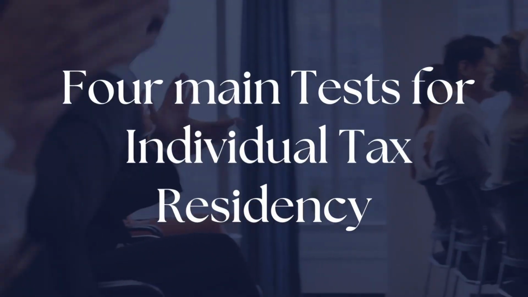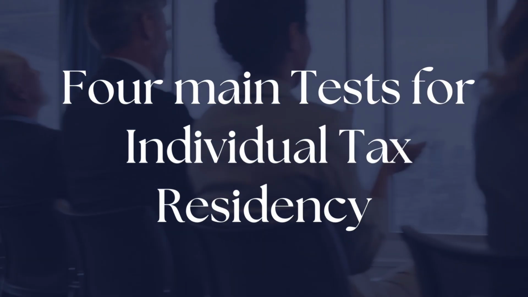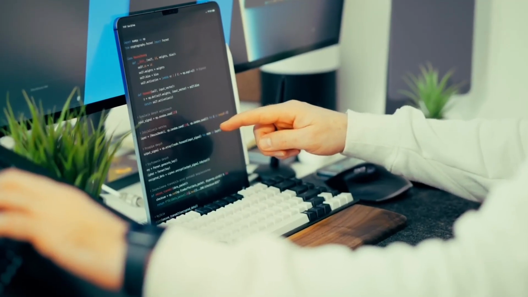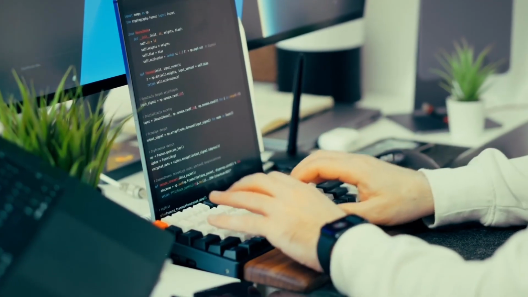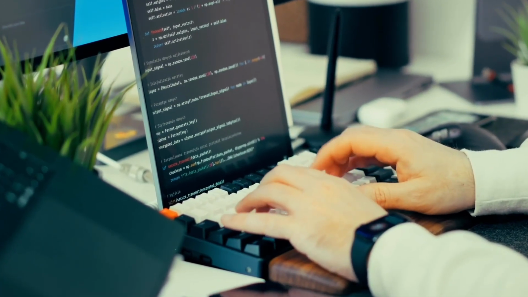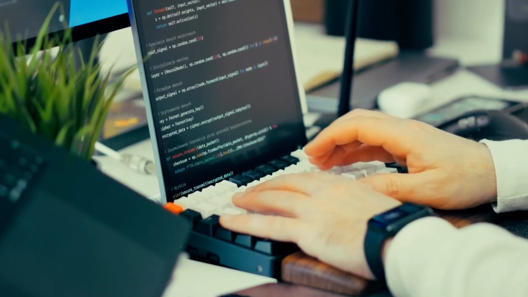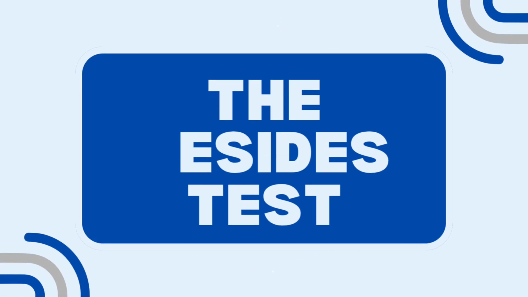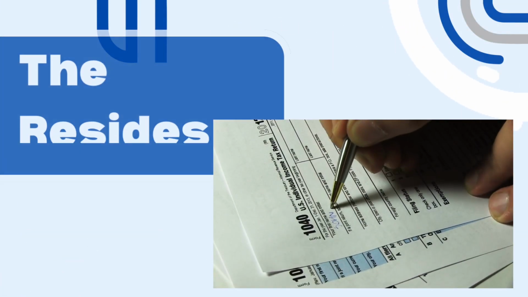The four main tests for individual tax residency. Australian tax law uses four main tests to decide if someone is a resident for tax purposes. A person may qualify under just one. Number 1 is the resides test. This is the main test.